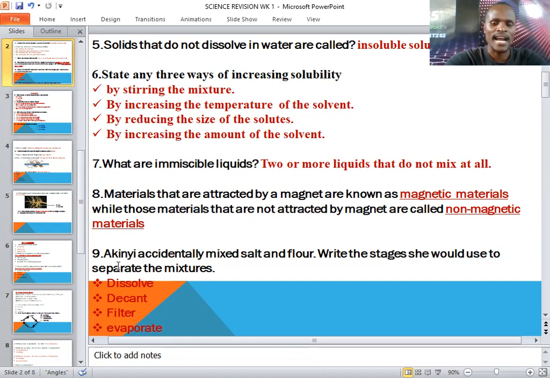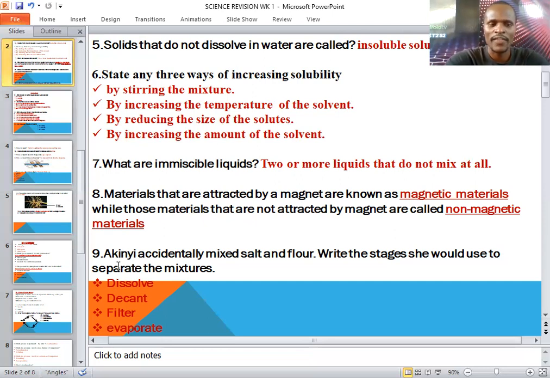So after that, you decant. When you are decanting, you are going to remain with your maize flour as a sediment. Remember, as a sediment. And then you are going to have a salt solution as a clear liquid. But at the same time, after decanting, then you do the filtering, okay? So you dissolve, you decant, and then by the time you are doing decanting, at the same time you filter. When you do the decantation and filtration, this can go together.